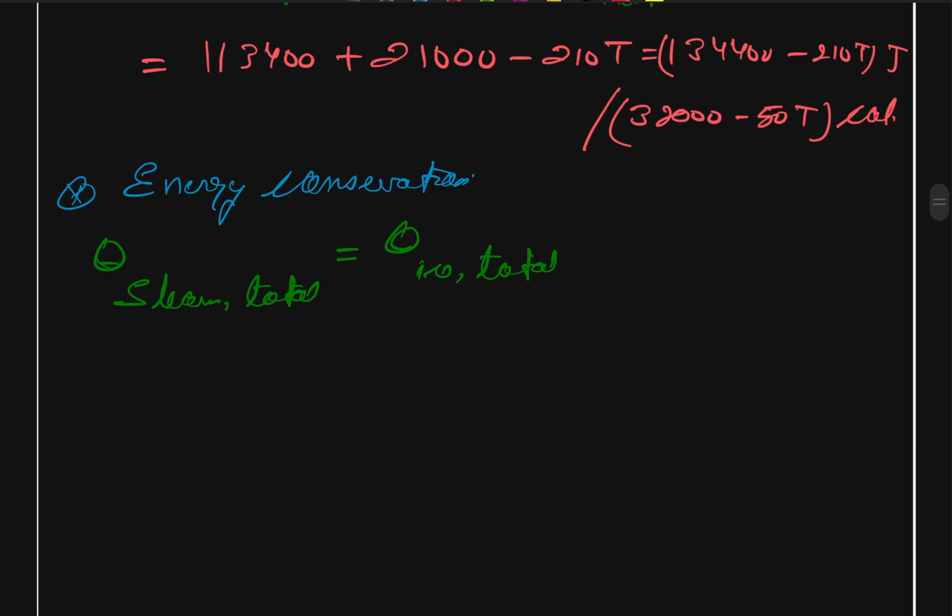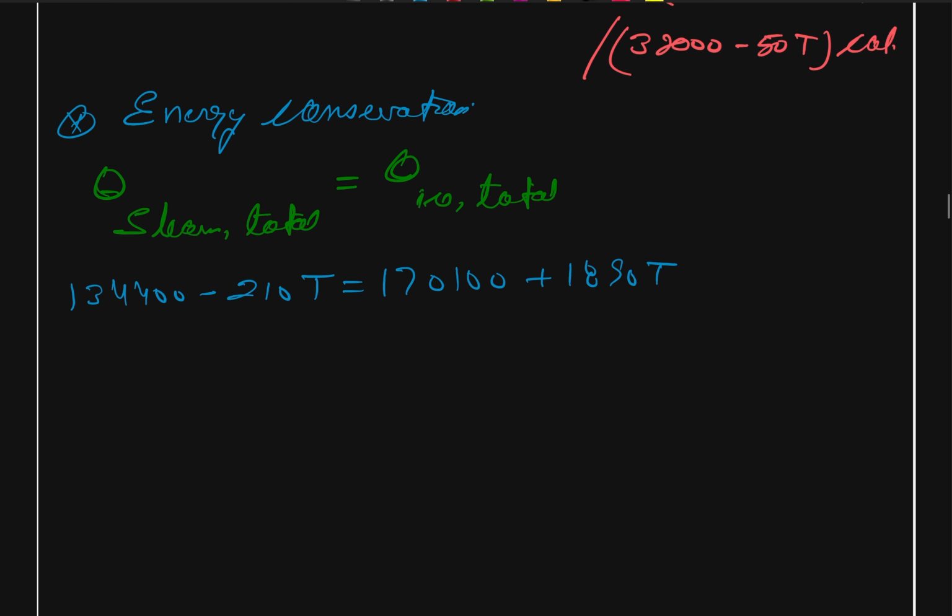Therefore we just calculate in the joules or calorie, it doesn't matter. So let's try for joules. So we get 134,400 minus 210T is equal to 170,100 plus 1890T, and let me put the answer directly. This T will be approximately minus 17 degree centigrade.